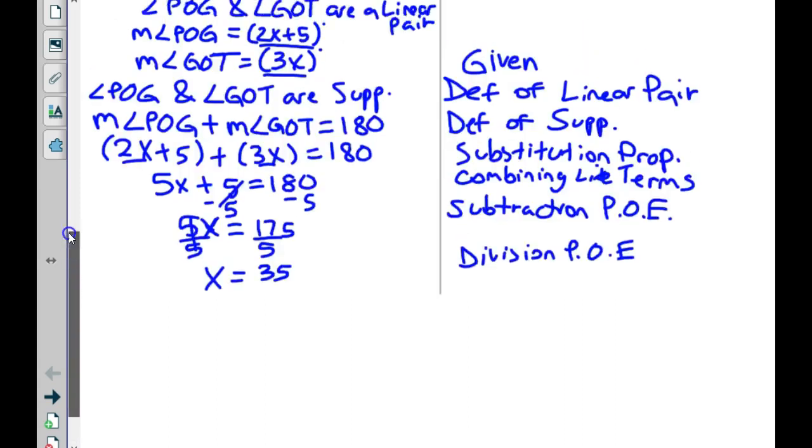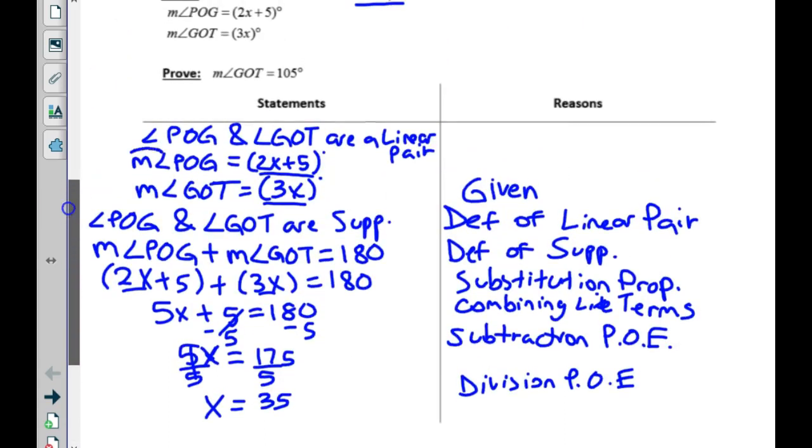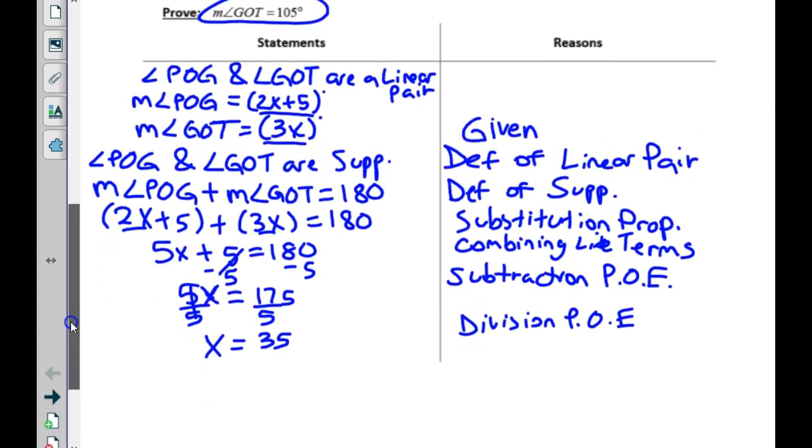Now when we check our answer at the top, we're trying to prove angle GOT is 105. Now if I got x is 35, I need to plug that x into GOT. So the measure of angle GOT is supposed to be 3x, 3, and then x is going to be 35. Why? Because I replaced it.